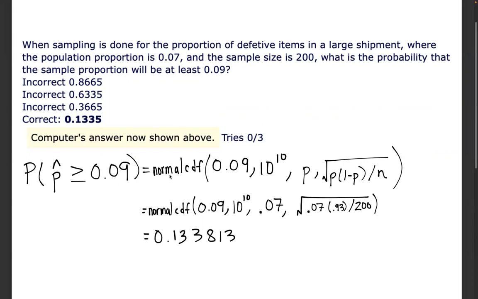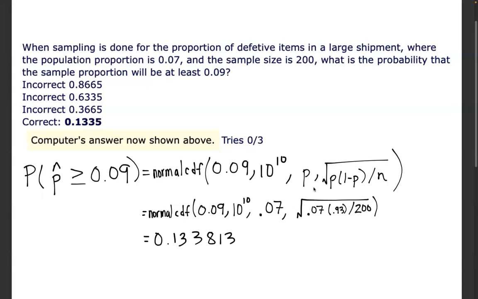And so we would do normal CDF, and our lower bound is going to be 0.09, and our upper bound is going to be infinity. And then we would have P, and then the square root of P times 1 minus P divided by N. So when we plug in what we know here, our P is going to be 0.07. That's the population proportion.